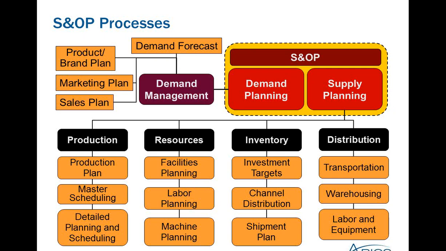Another area that we will get out of S&OP is a picture of our inventory. And inventory is not really planned, it happens. And it happens because it's the difference between demand and supply.